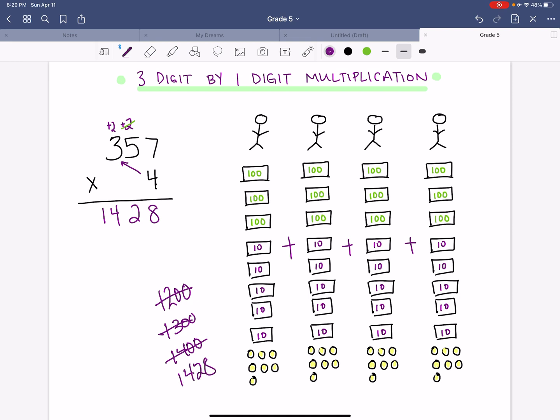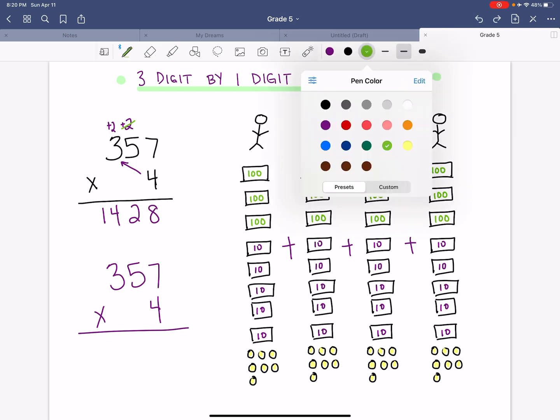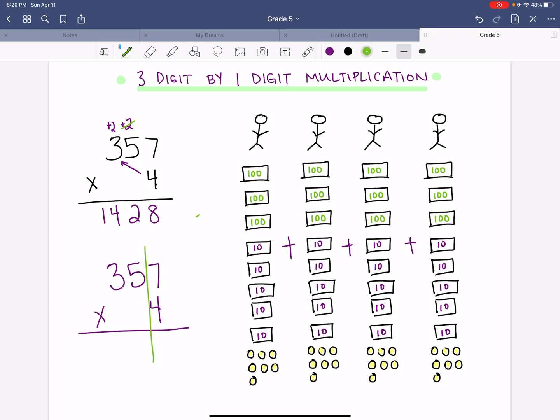So just to quickly review those steps so that you can go into practicing your own questions: I like to put those lines there just to remind myself, okay?